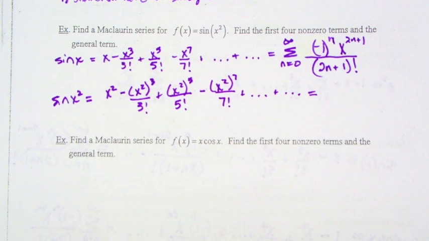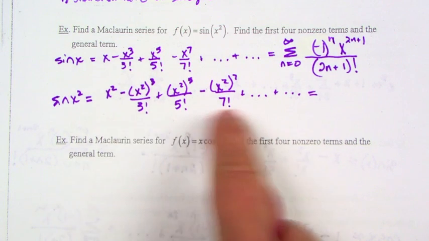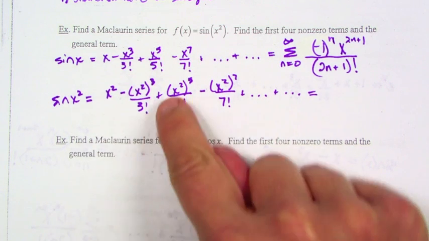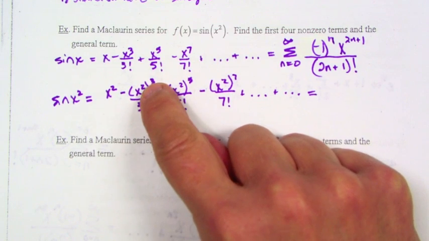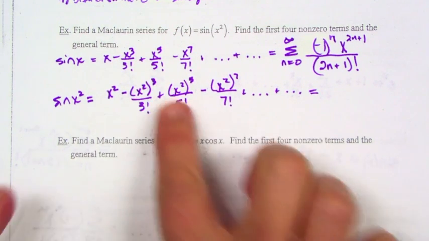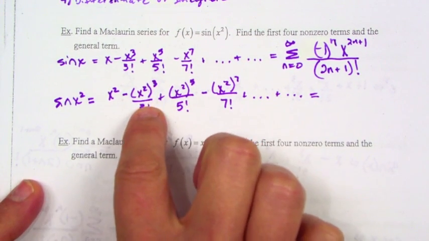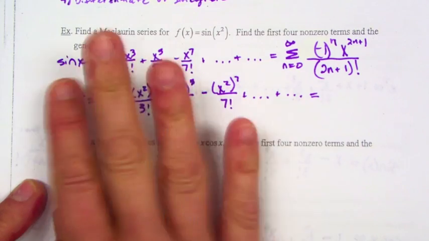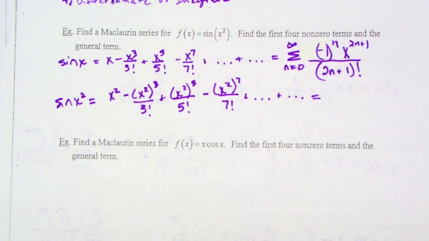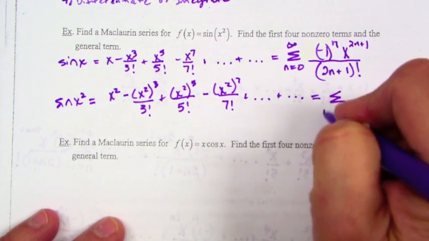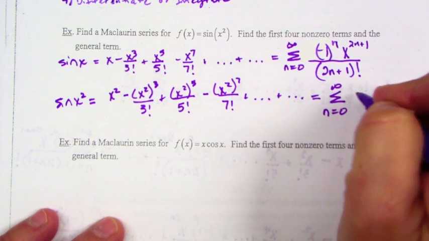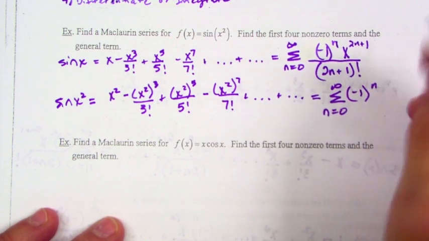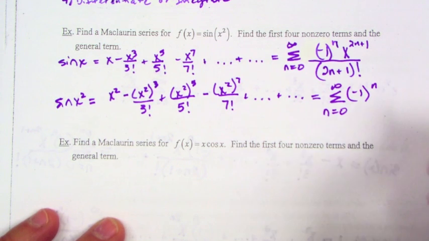And what I'm going to do is leave it in this form. I'm not going to multiply the two powers together, because the more of that kind of stuff that I do, the harder it is to write that general term, right? So there's nothing wrong at all with keeping it in that form. All you're going to do is, in place of the x, insert an x squared.